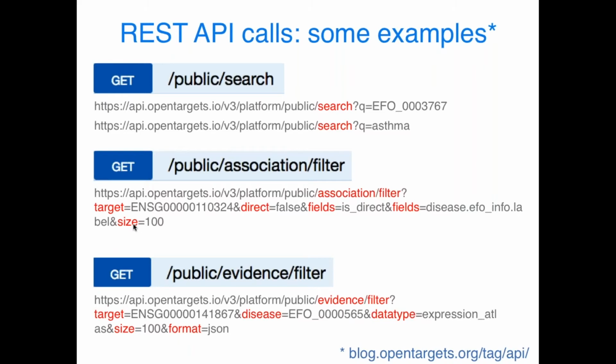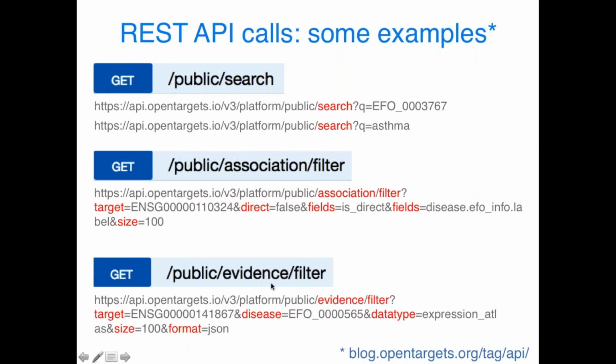By default, we show 10 results only. If you want to adjust the size of your results, you just include size equals whichever number you are interested in. We support up to 10,000 results being retrieved in one call.